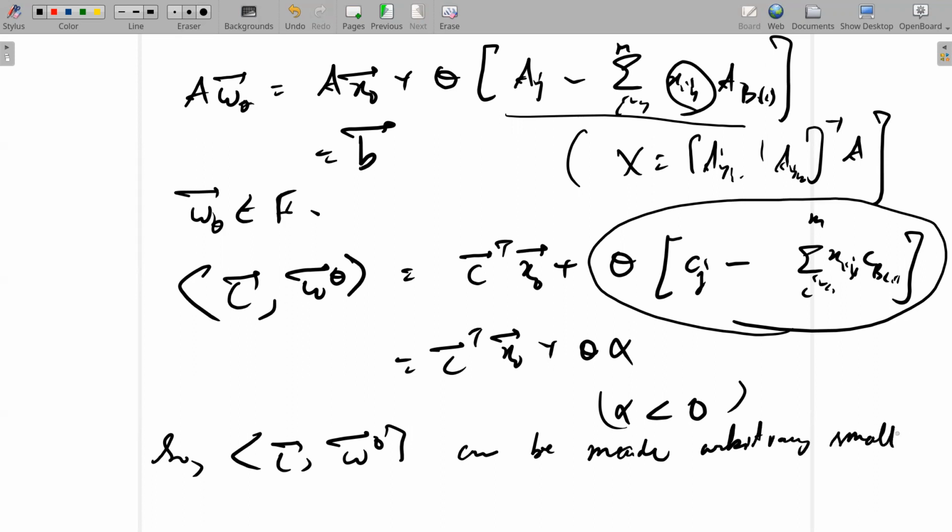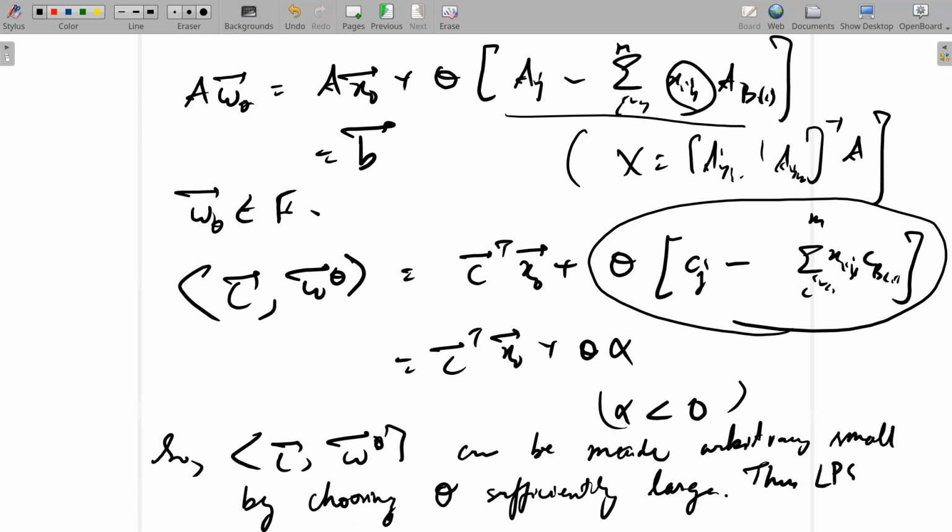I'm not saying in magnitude, but arbitrarily small in the sense that it tends to minus infinity. I can make it as far away from 0 in the negative direction as I want. So this can be made arbitrarily small by choosing theta sufficiently large. Thus the LP is unbounded.